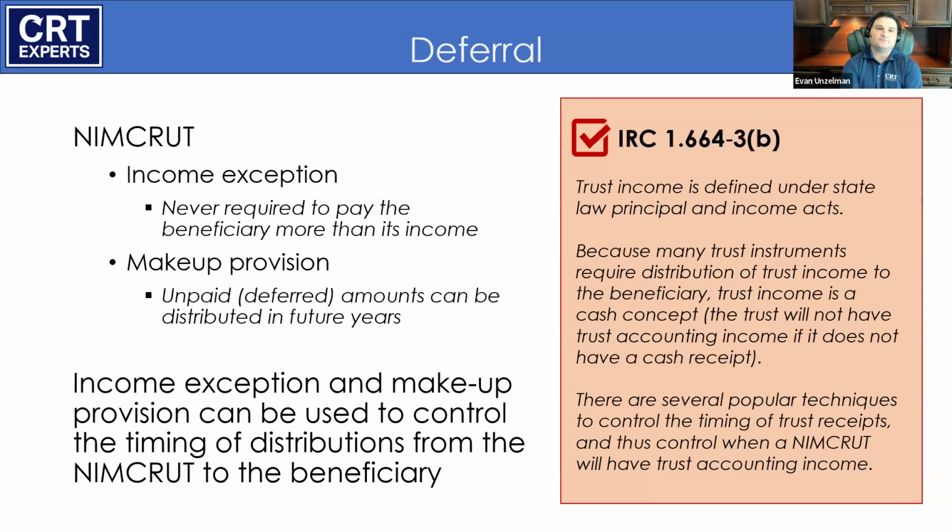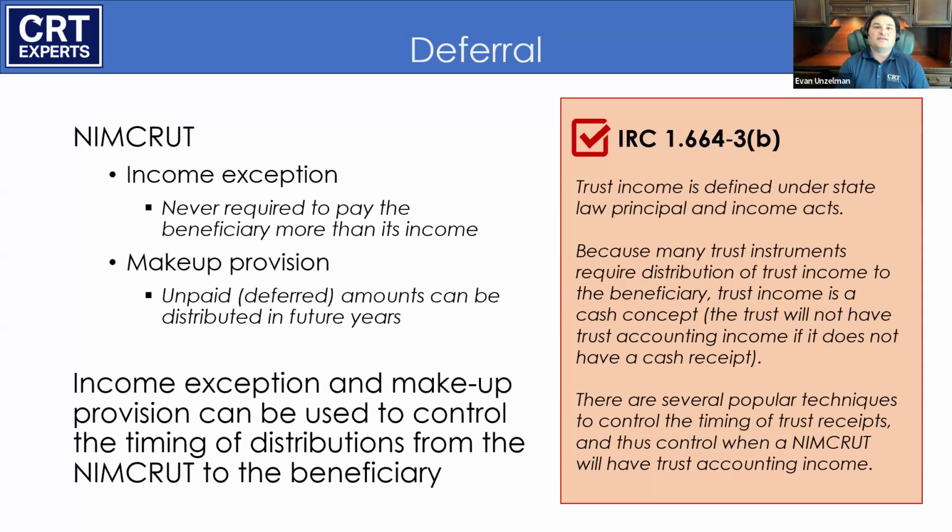A NIMCRUT, net income with makeup CRUT, will distribute the lesser of the stated payout rate, 5% in our example, and trust accounting income. So there's this income exception with the NIMCRUT where it's never required to pay the beneficiary more than its income.